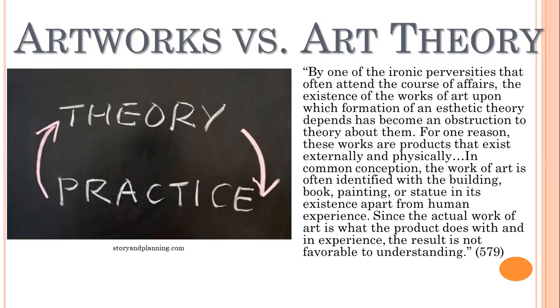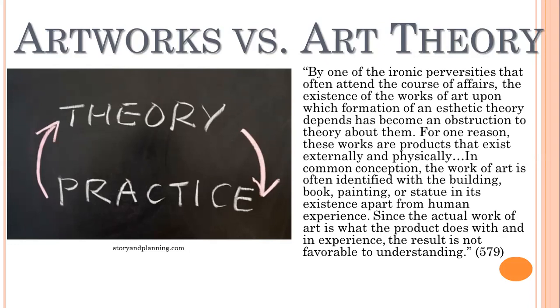Remember, for Kant, the beautiful is not a property of a particular object. It's actually the property of the experience, right? So when I say something's beautiful, what it means for Kant is that I get a certain reaction out of it. Similarly for Schopenhauer, right? I look at a work of art and I'm able to see the idea in the Platonic sense, at least how Schopenhauer understands the idea in the Platonic sense.